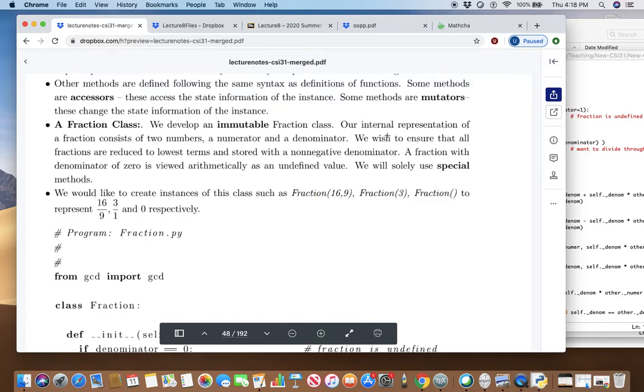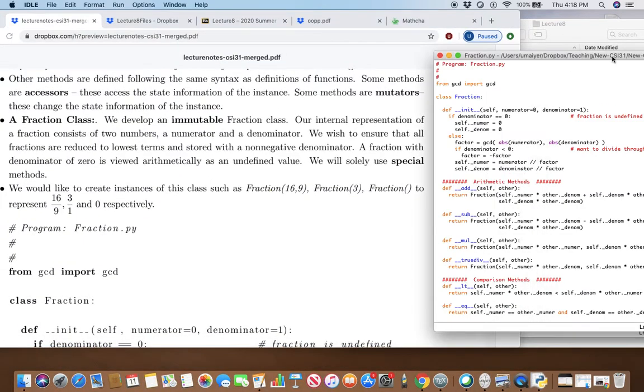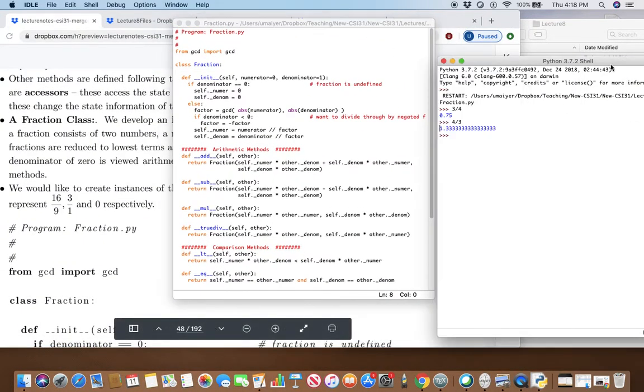Let's see what our internal representation of a fraction consists of: two numbers, a numerator and a denominator. We wish to ensure that all fractions are reduced to the lowest terms and stored with a non-negative denominator. Now you can go to your shell.